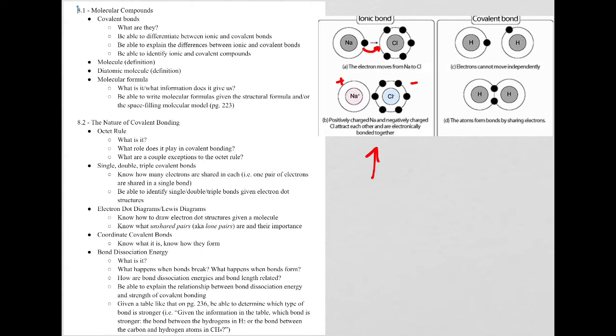So we have ionic bonds, where one is giving up an electron and the other ion is accepting the electron, as opposed to covalent bonds where we have the electrons being shared. You see the electrons being shared here in this bond between the two hydrogens. Okay, so we got that.